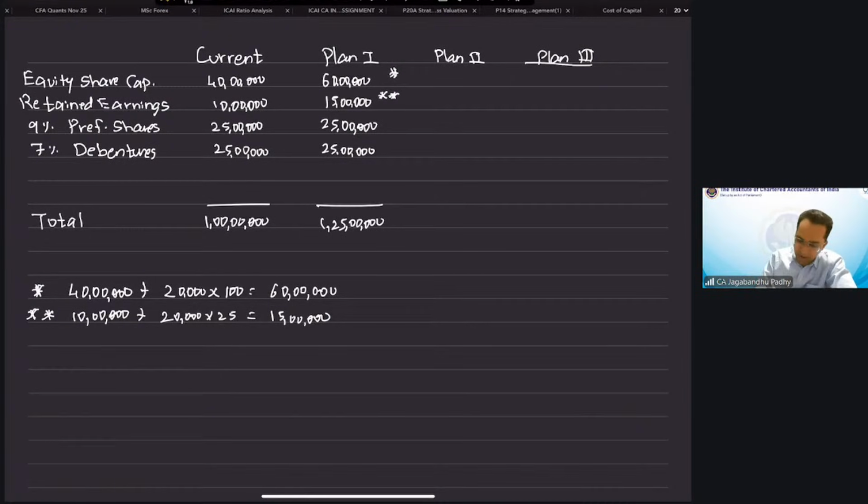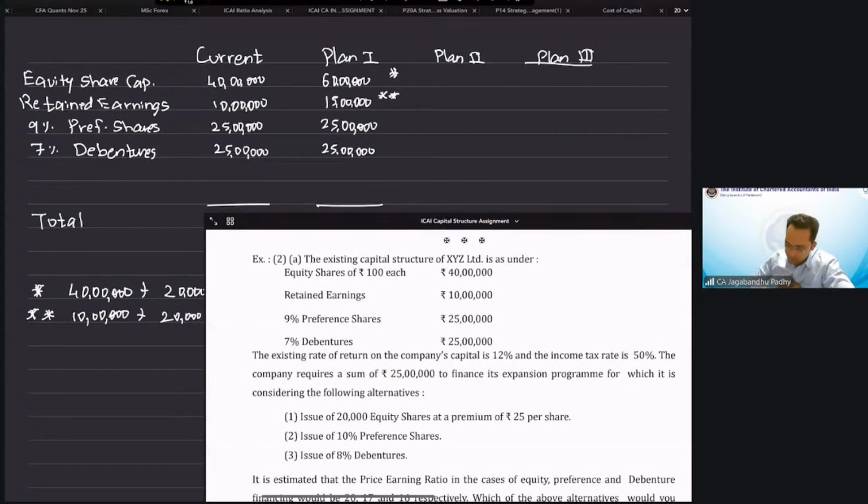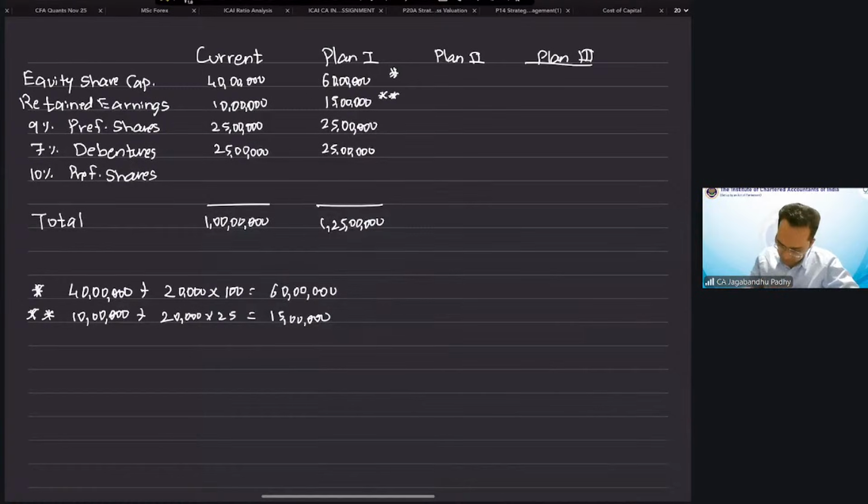Now the second plan that we have, guys, is by way of 10% preference shares. Share capital will be originally 40 lakhs as it is.